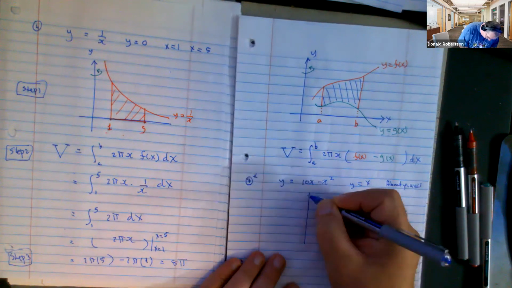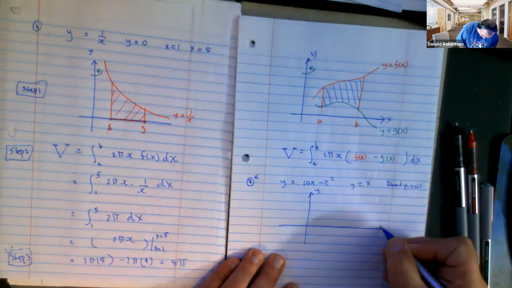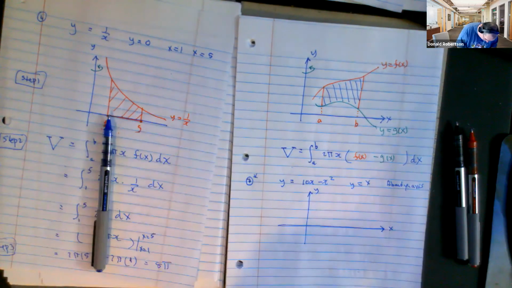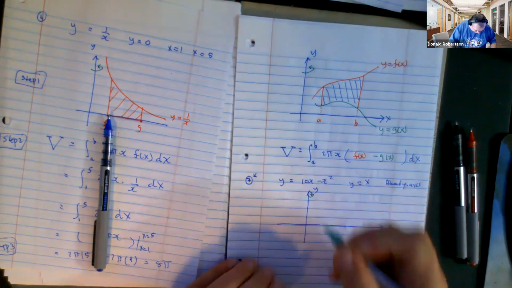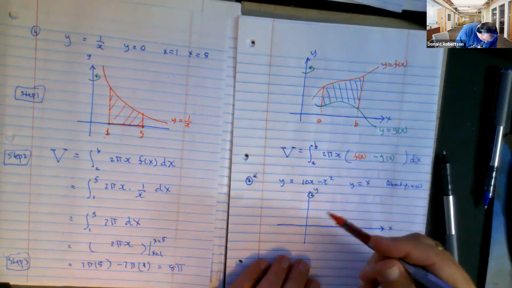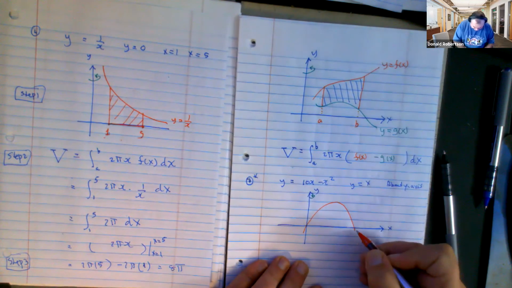To save time, I'm just going to draw the thing. It's almost dangerous, but I'll do it. And you can imagine you could put it into Desmos if you weren't sure. 10x minus x squared is a quadratic that looks something like that.